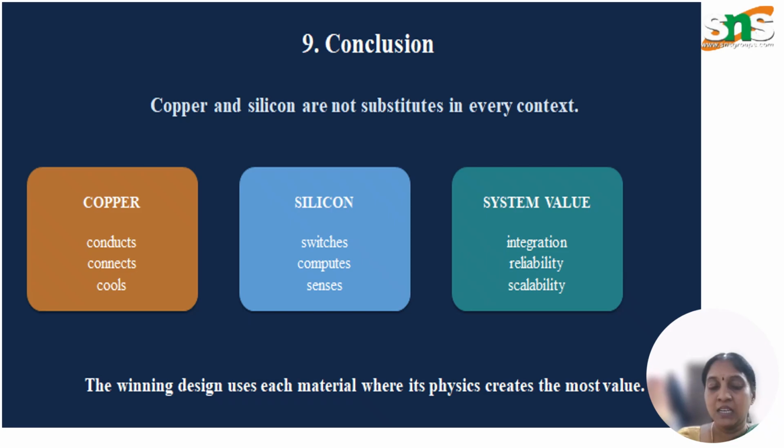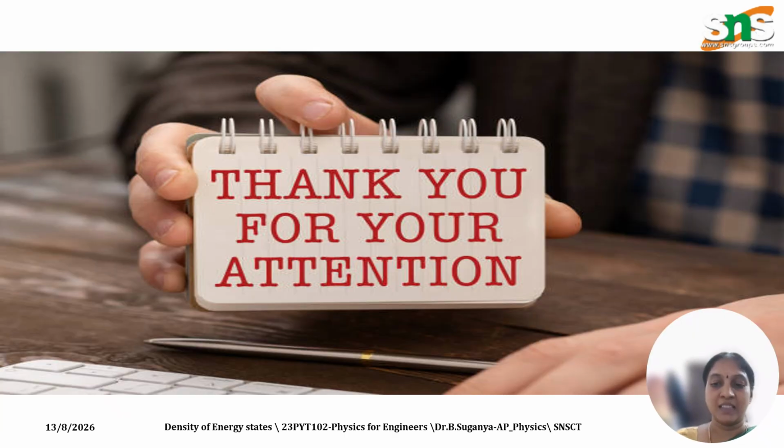So the general summary: copper has high conductivity, easy electron movement, and is used in electrical wiring and power transmission. But silicon has controlled conductivity, with electrons plus holes, and is used in semiconductor devices and electronics. Thank you.